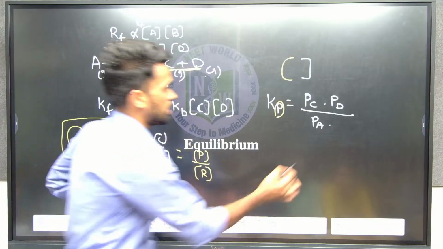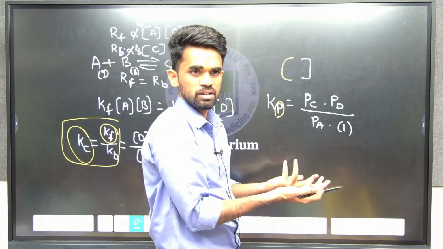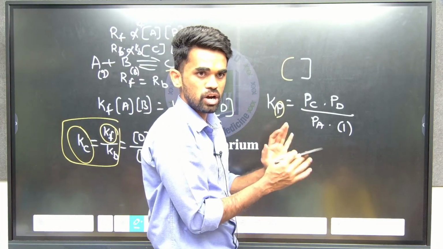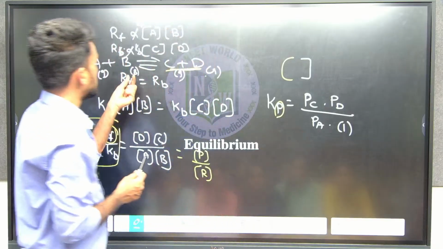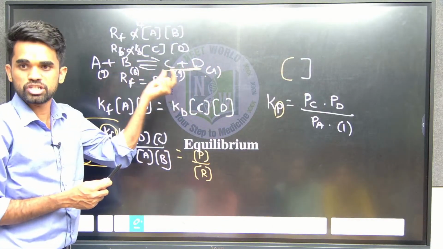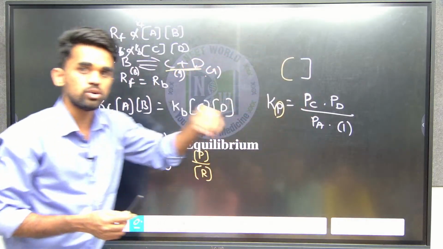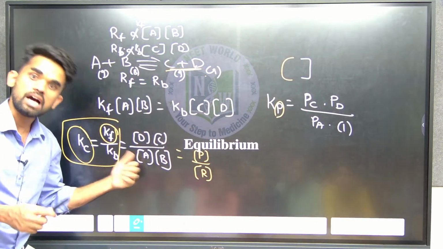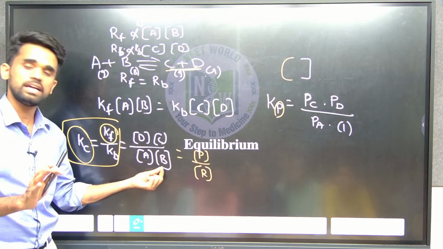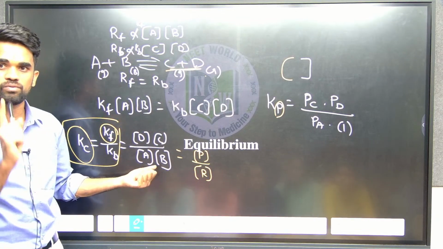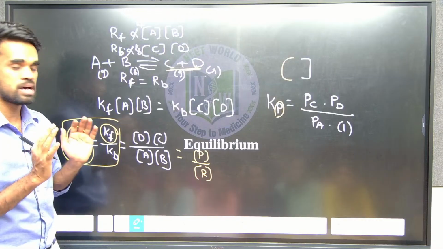If I write 1, nothing changes. So whenever a solid is included in the equation, no need of writing partial pressure or concentration. Just put its activity as 1. This is the law of mass action.